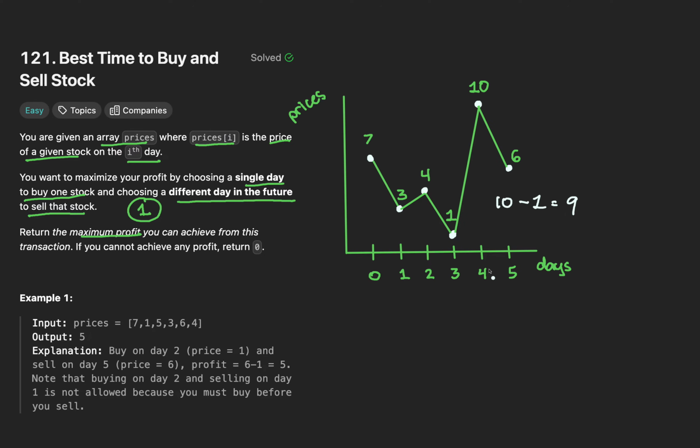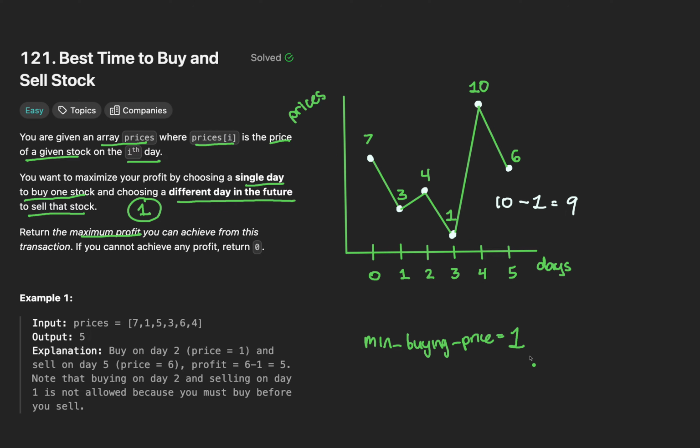Okay, so here's the overall observation. If on any given day that we sell, we wanted the minimum buying price from the days before, then we can think about this the other way around. We can iterate from left to right and keep track of the minimum buying point in a variable perhaps called minimum buying price, which again, when we got to day 4, we observed it to be the price of 1.